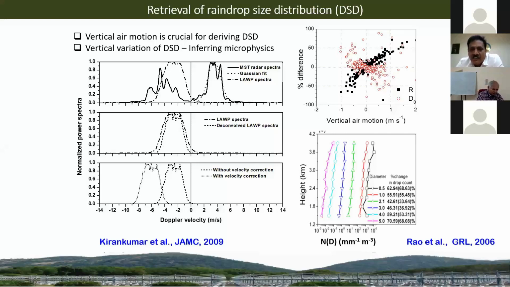Is it aggregation, where the drops are colliding and coalescing, collision coalescence, so the sizes are increasing, or the size is decreasing because of evaporation or because of breakup? These microphysical processes we can get by retrieving the raindrop size distribution at different altitudes. So this is another important contribution this radar has made.